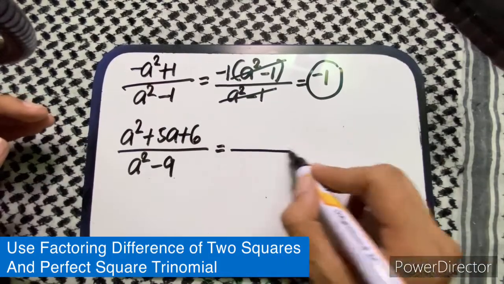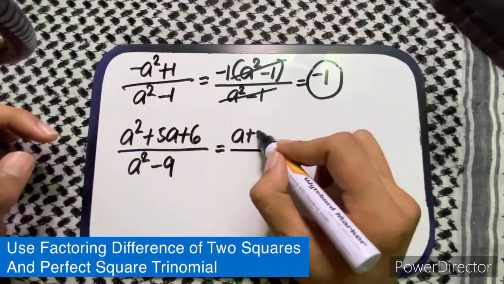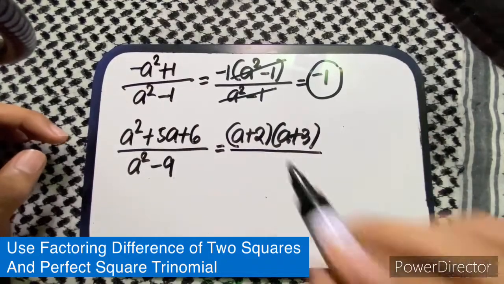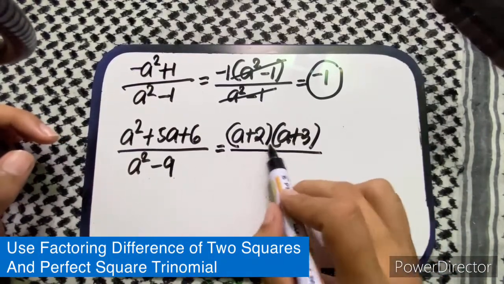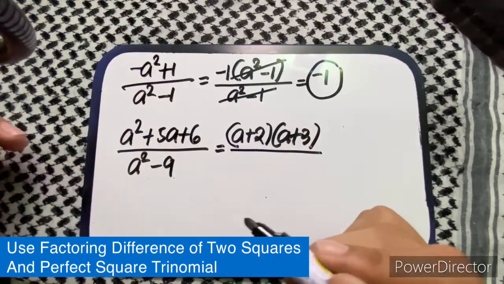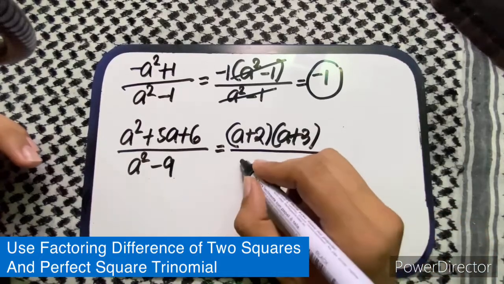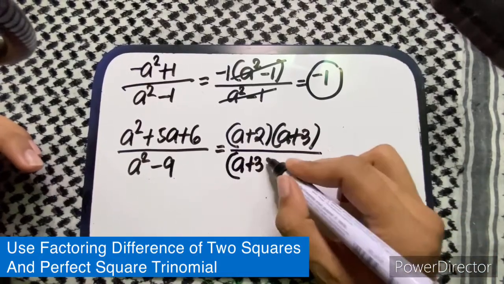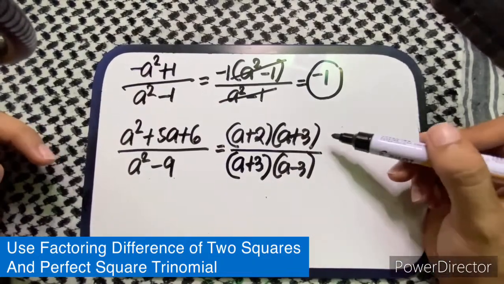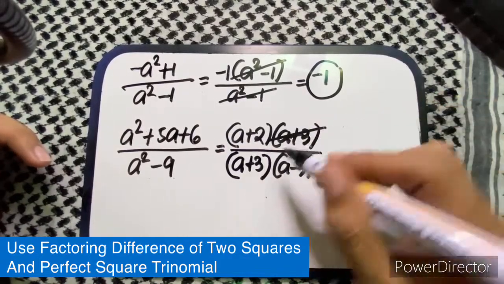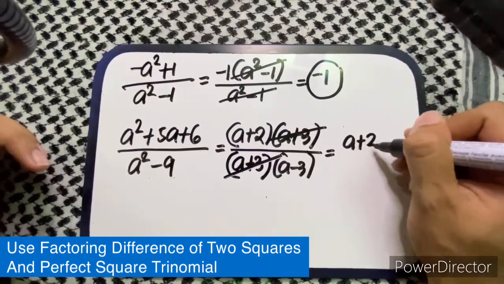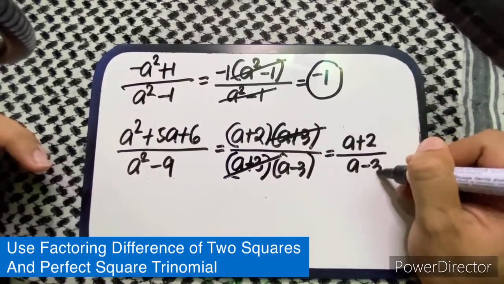We can factor this into a plus 2, then a plus 3, since 2 times 3 is 6 and 2 plus 3 is 5. a squared minus 9 is an example of difference of two squares, so we can write a plus 3 times a minus 3. The common factor is a plus 3, so the simplified form is a plus 2 all over a minus 3.